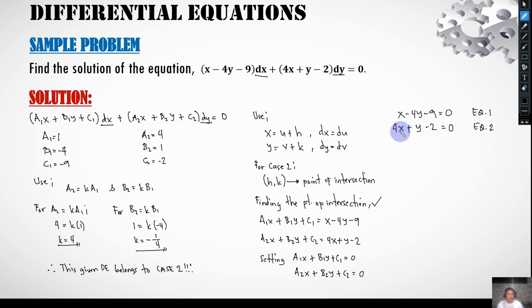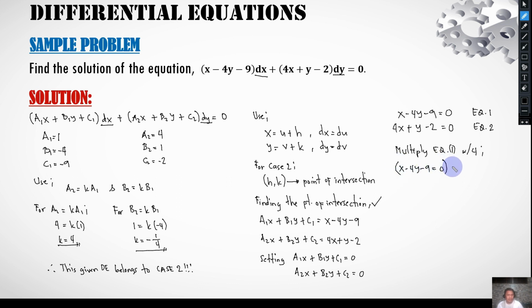So, we are going to multiply equation 1 with 4, no? With 4. So, we have now this x minus 4y minus 9 is equal to 0.